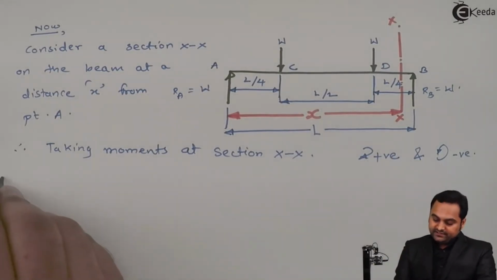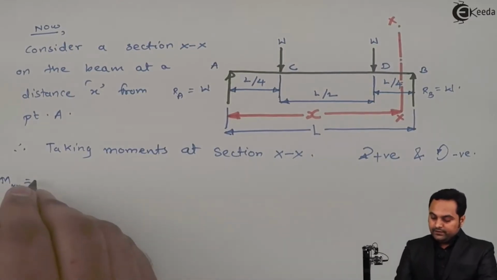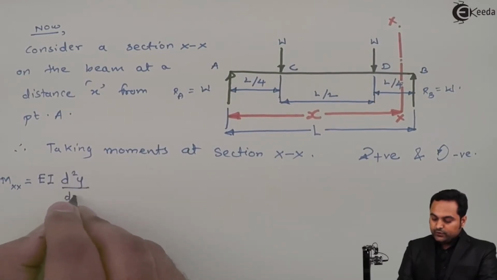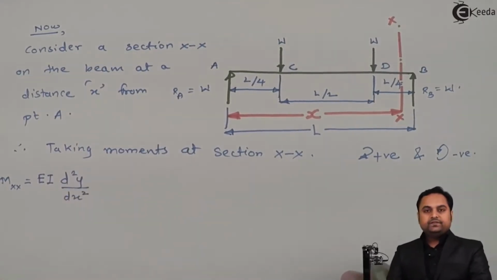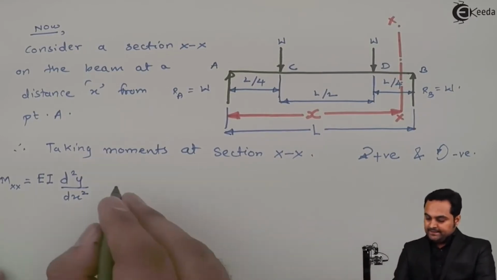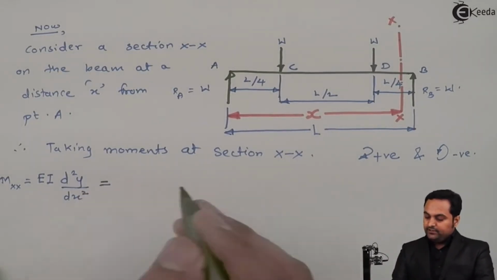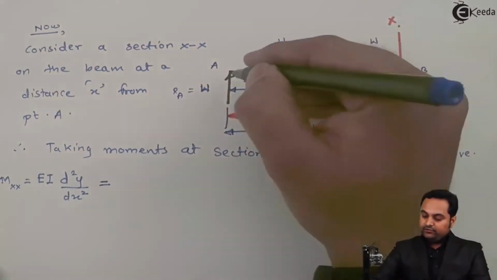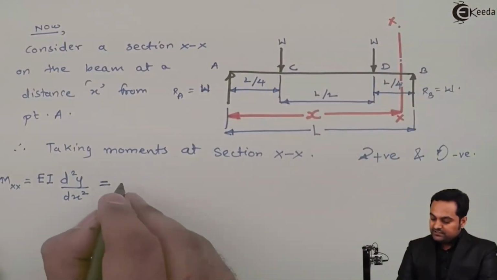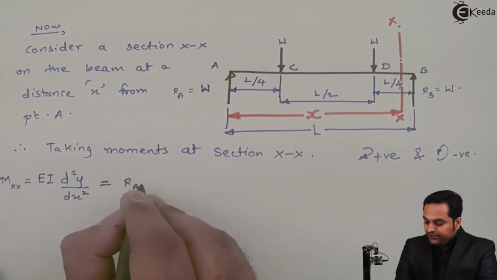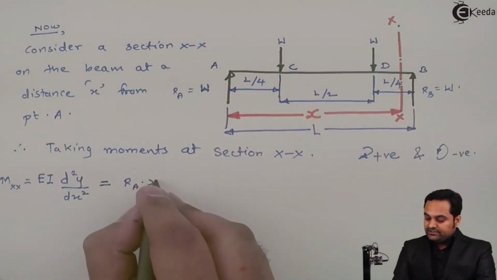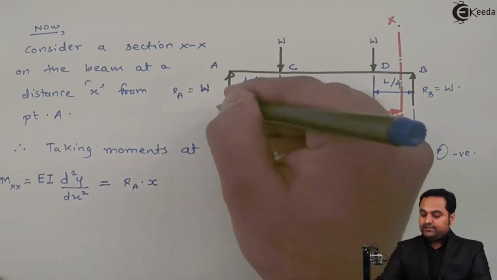So taking moments at XX, that would be called M suffix XX, is equal to EI d square y by dx square. That is the equation of the moment, equal to, now I'll take the moment at the section starting with RA. This produces a clockwise moment, so plus RA into the distance x. So the moment is RA into x.